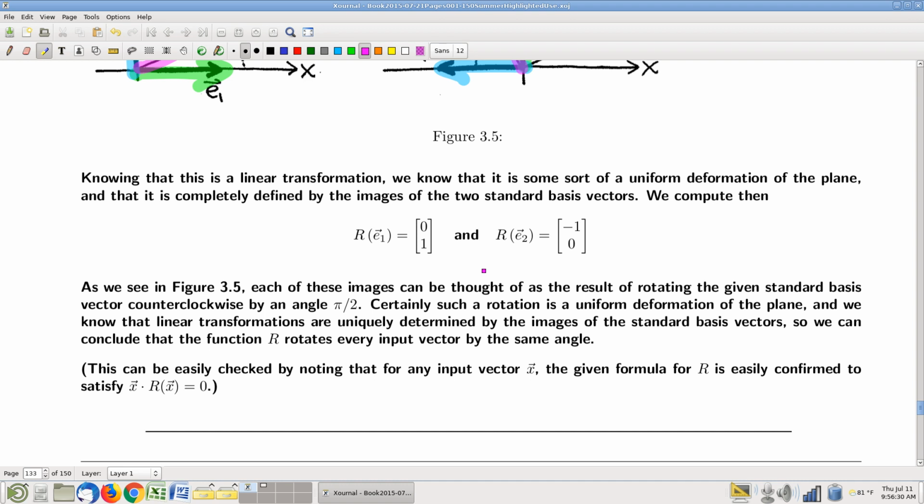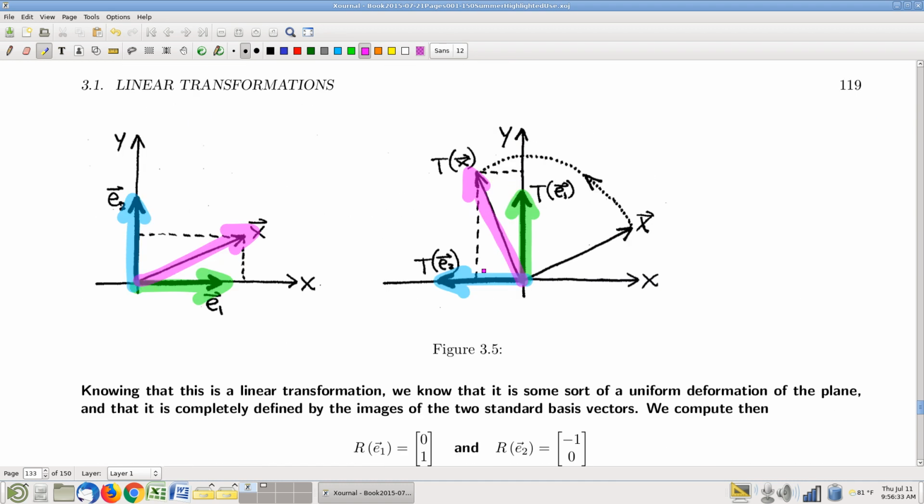Okay. So now let's look at this picture and think about what this function did. Let's look at what it did to E1. E1 got rotated counterclockwise by pi over 2. E2 started off vertical, started off over here, and then it rotated around. It has rotated counterclockwise by pi over 2.